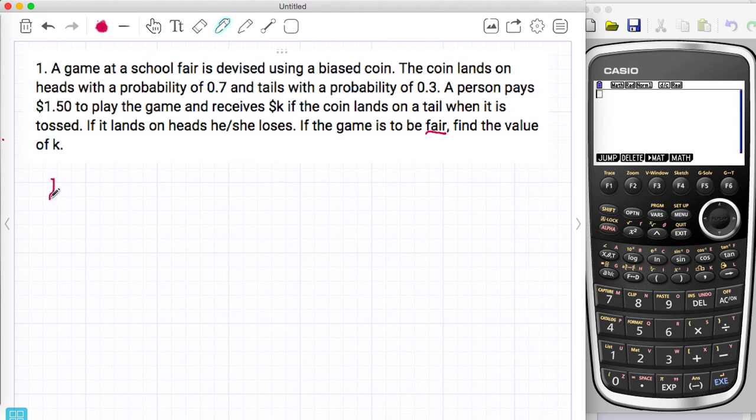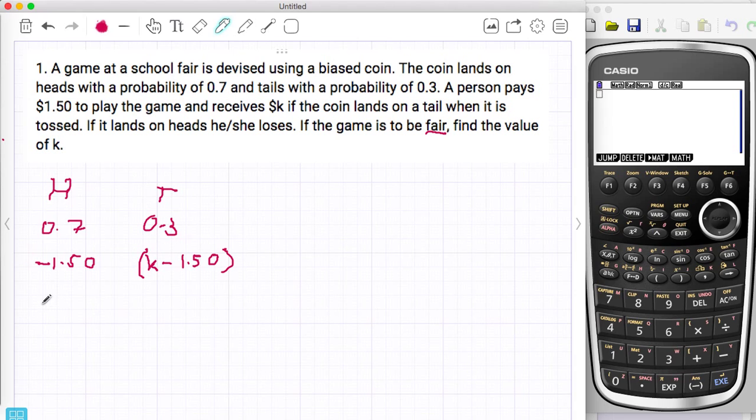Okay, so if we get heads, we've got a probability of 0.7, and if we get tails, we've got a probability of 0.3. Every time we have heads, we lose 1.5, and every time we have tails, we're going to be paid out K, but we're still paying 150 to play the game, so it's 150 that we lose out of the K that we're given.